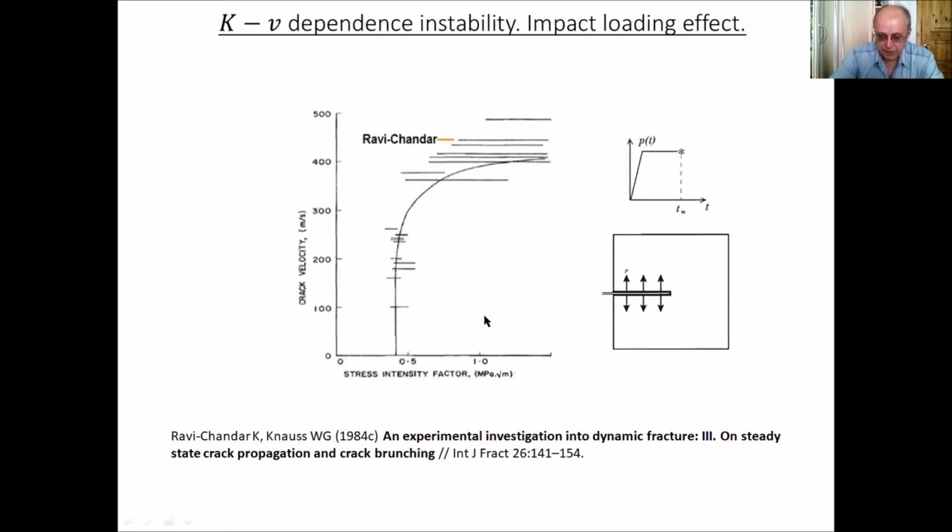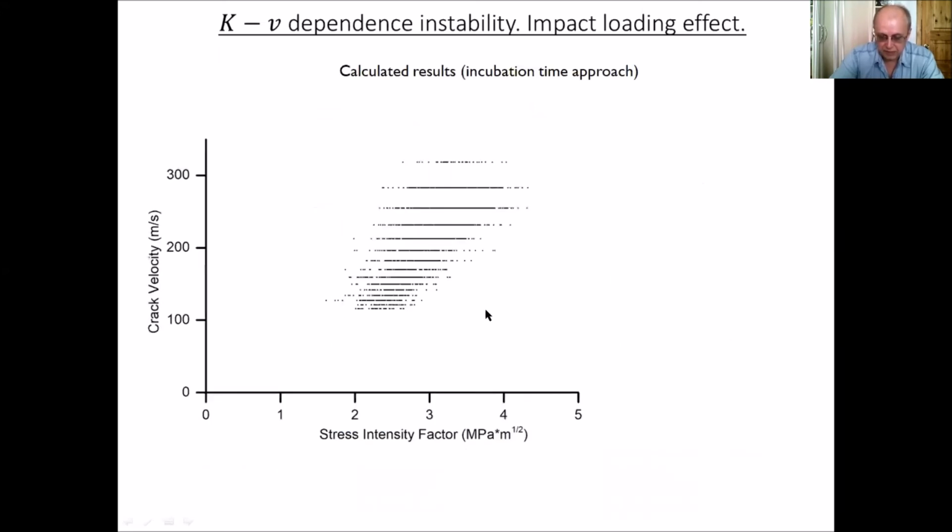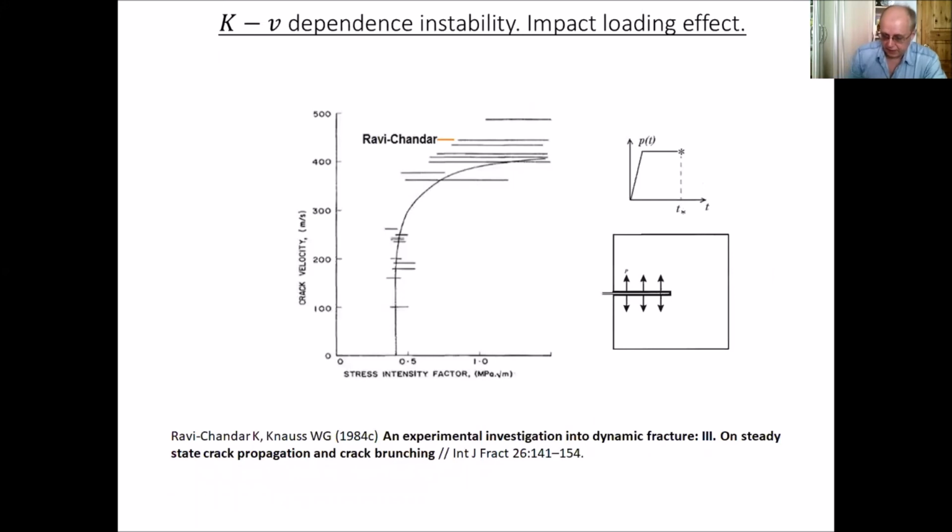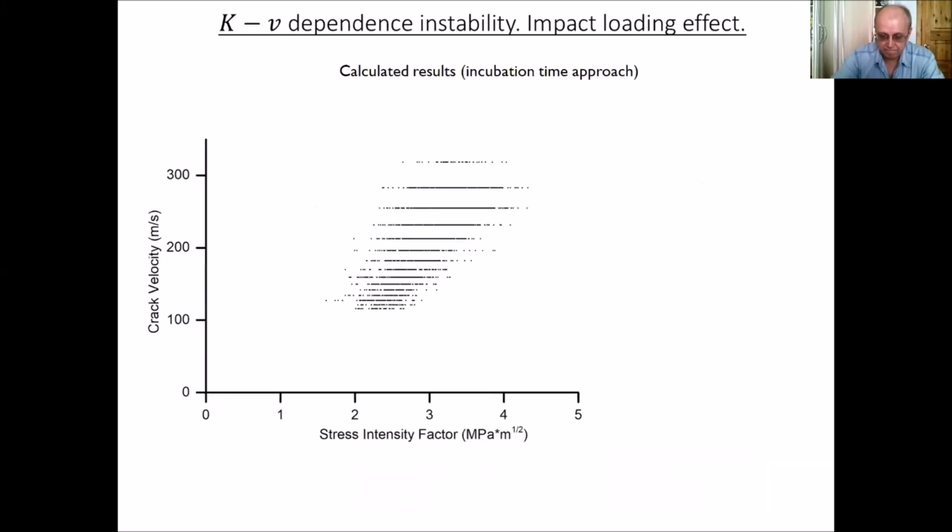We used modeling of extreme impact loading. Our result for the impact case is shown here. What we see are straight lines, discrete values of crack velocity, and big scatter for stress intensity factors. Looks very similar to what was observed in experiments.